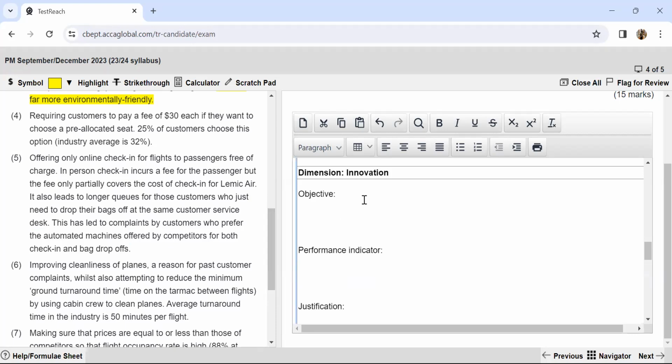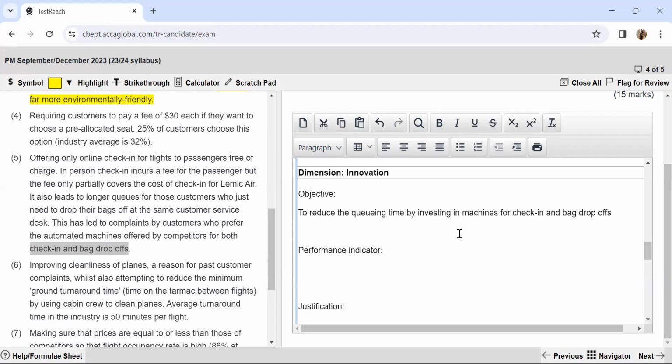So our objective regarding innovation can be to reduce the queuing time by investing in machines for both check-in and bag drop-off.